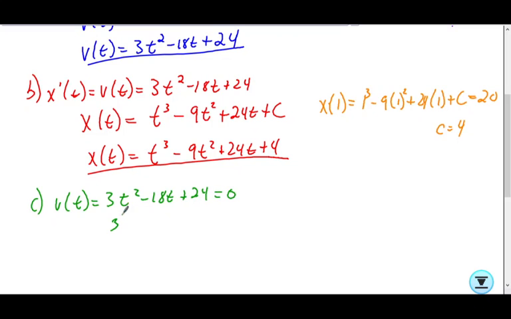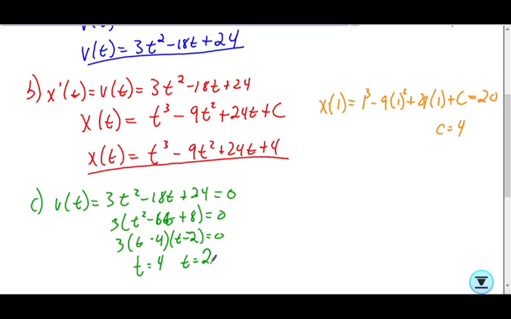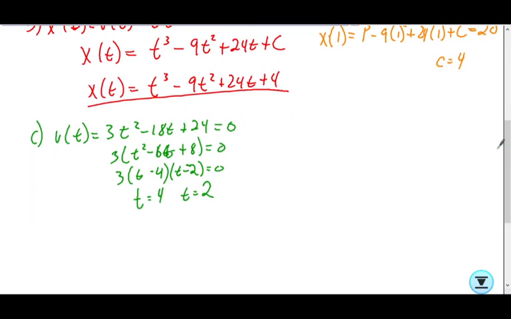You get 3 times t squared minus 6t plus 8. And then when you factor it, you get t minus 4 and t minus 2. So my zeros are at time equals 4 and time equals 2. That's it. That's part C.